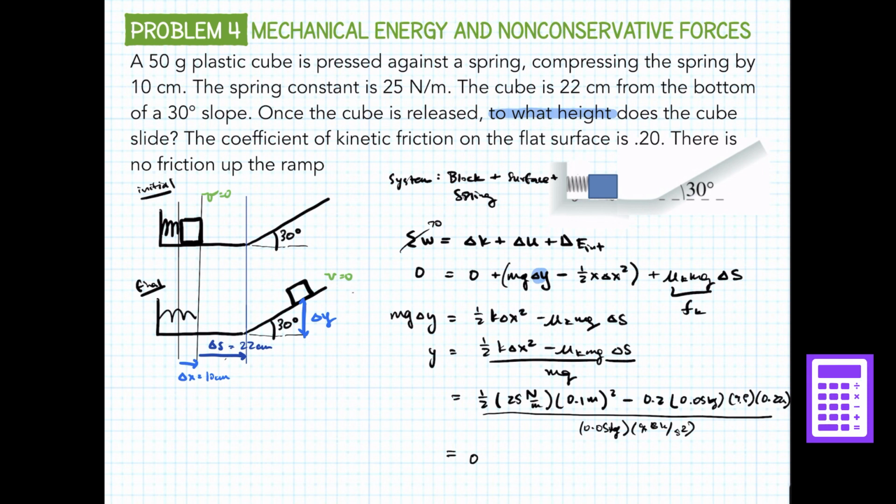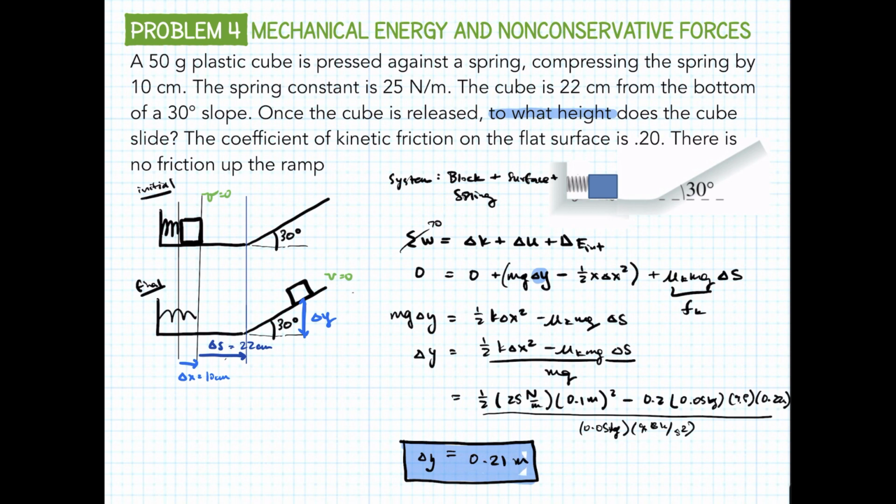You add all this together, you get 0.21, meaning it went up 0.21 meters. And that is our vertical distance. Now the thing to remember is if this part of the ramp had friction as well, we'd need to find that distance as a function of y, which would require a little bit more trig, and we'd have to add it on to this distance.